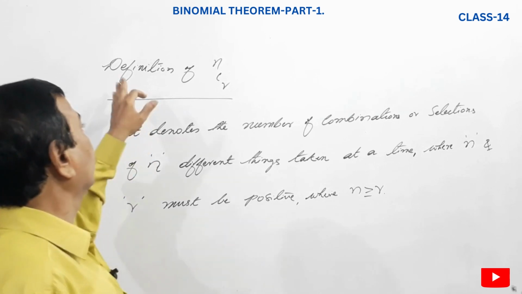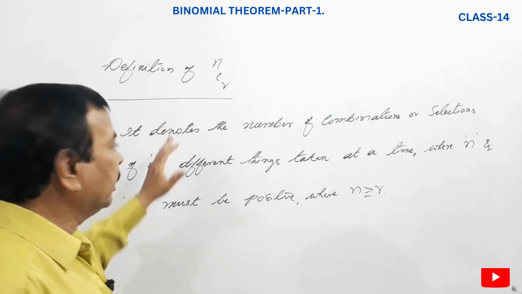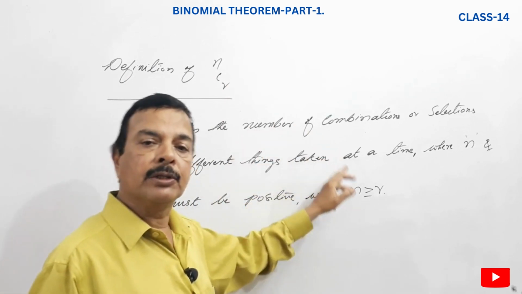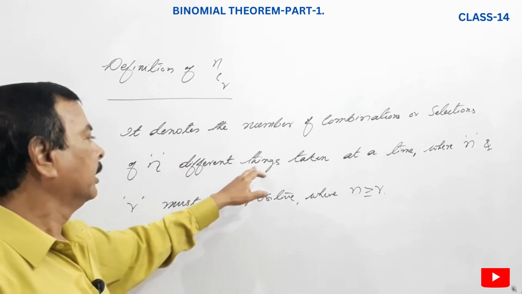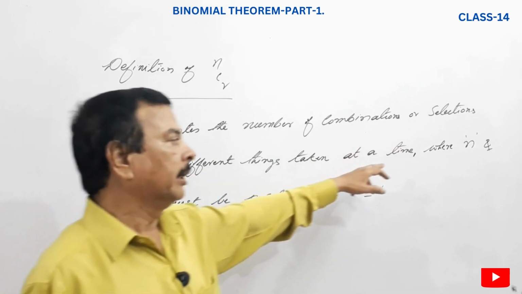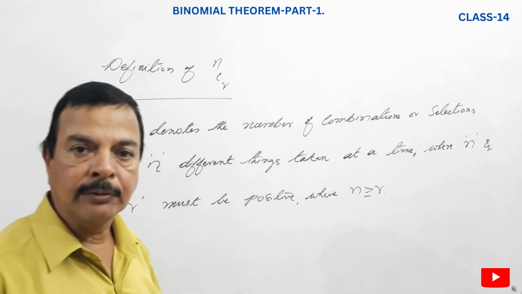Yes, students. Now, the definition of nCr. It denotes the number of combinations or selections of n different things taken r at a time, where n and r must be positive values.